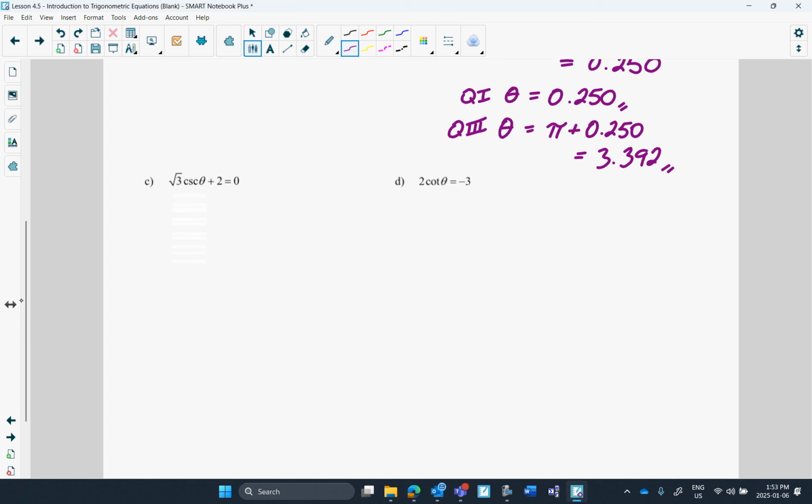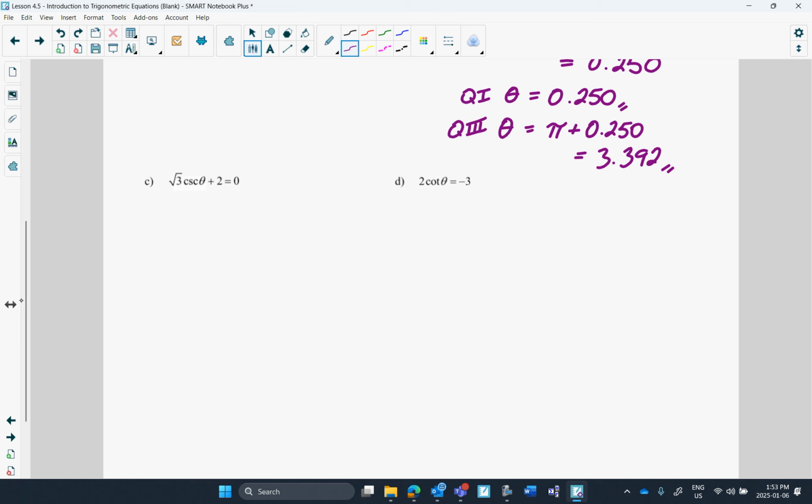Oh boy. What's weird about this one? Well, the square root is a little weird. What's weirder? We haven't solved one of these before. A cosecant.